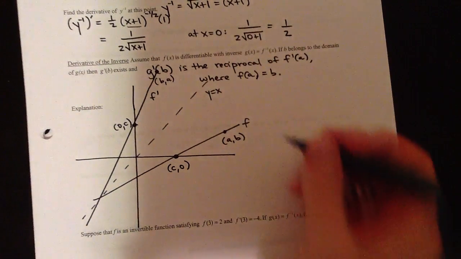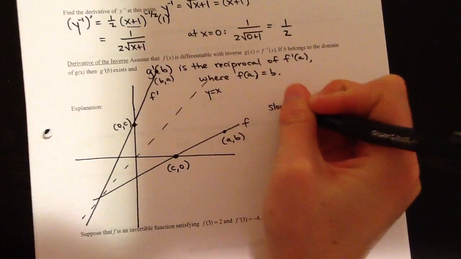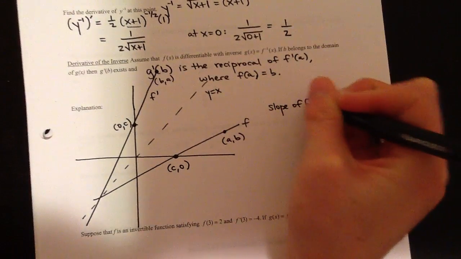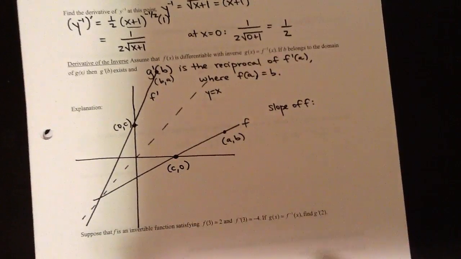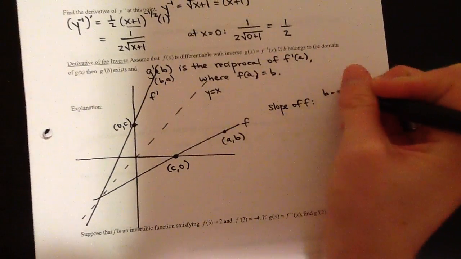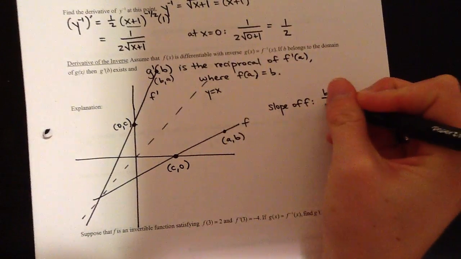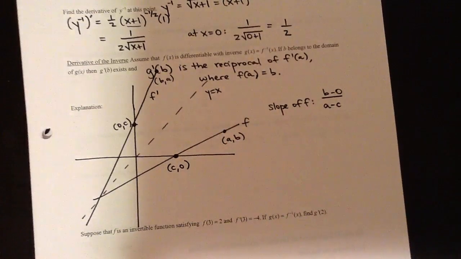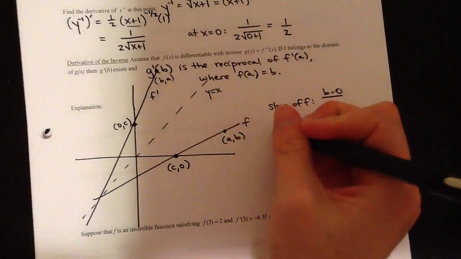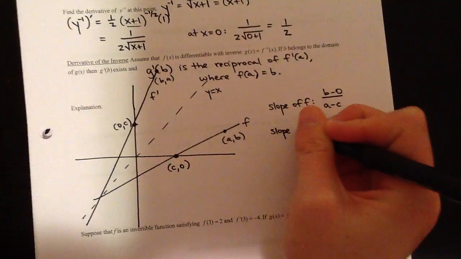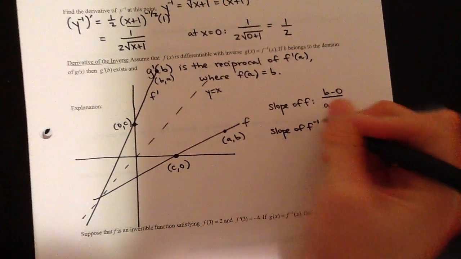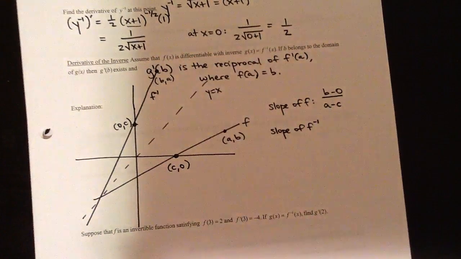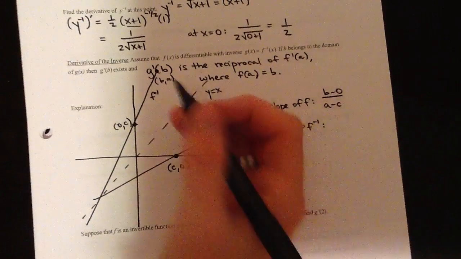So let's talk about the slope of f. If we do a quick calculation, change in y over change in x, we have (b minus 0) over (a minus c). And then the slope of f inverse, I'm sorry, that should not be an f prime, that should be an f inverse. For the slope of f inverse, we do the same thing.